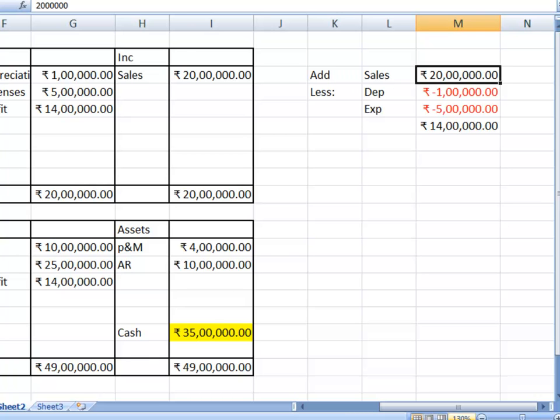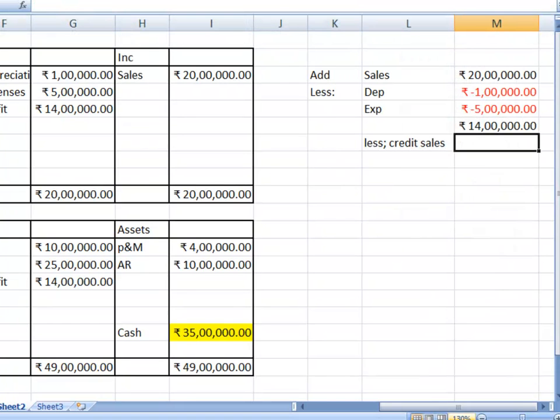So you would say less credit sales, and less credit sales would be 10 lakhs, half of it.